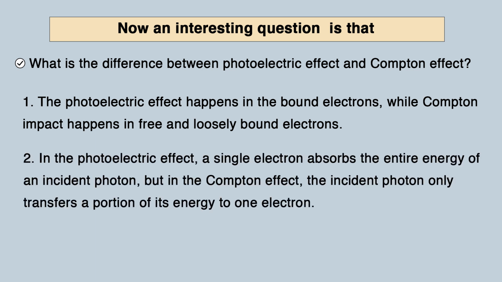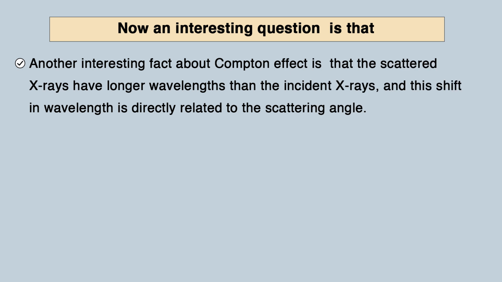Second, in the photoelectric effect, a single electron absorbs the entire energy of an incident photon, but in the Compton effect, the incident photon only transfers a portion of its energy to one electron. Another interesting fact about the Compton effect is that the scattered X-rays have longer wavelengths than the incident X-rays, and this shift in wavelength is directly related to the scattering angle.